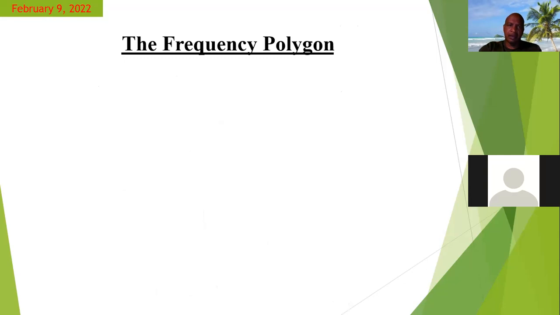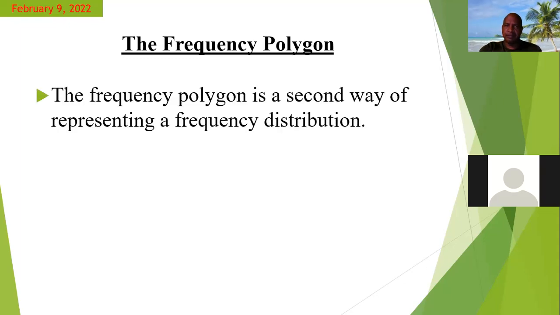Frequency polygon. Now I mentioned that we can use a frequency polygon as well to determine the mode. So we have to learn how to draw a frequency polygon, which is not difficult. So we say the frequency polygon is a second way of representing a frequency distribution. And if you know what a polygon is, a polygon is really a many-sided figure.